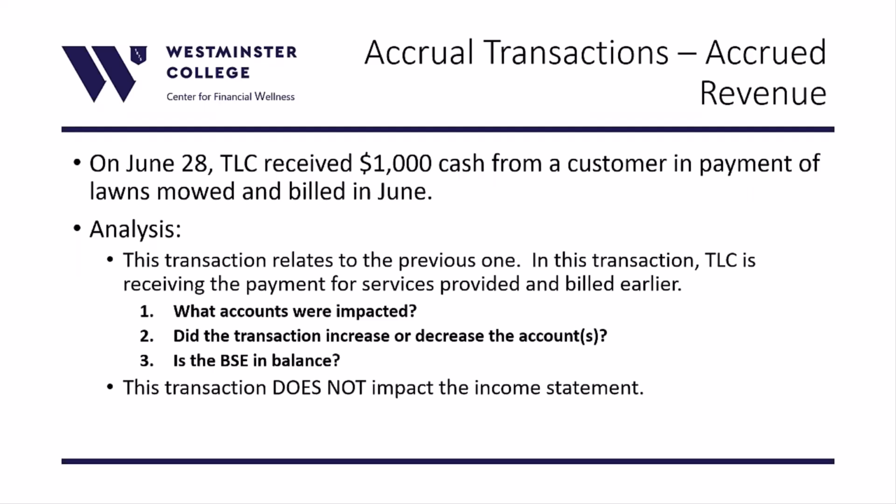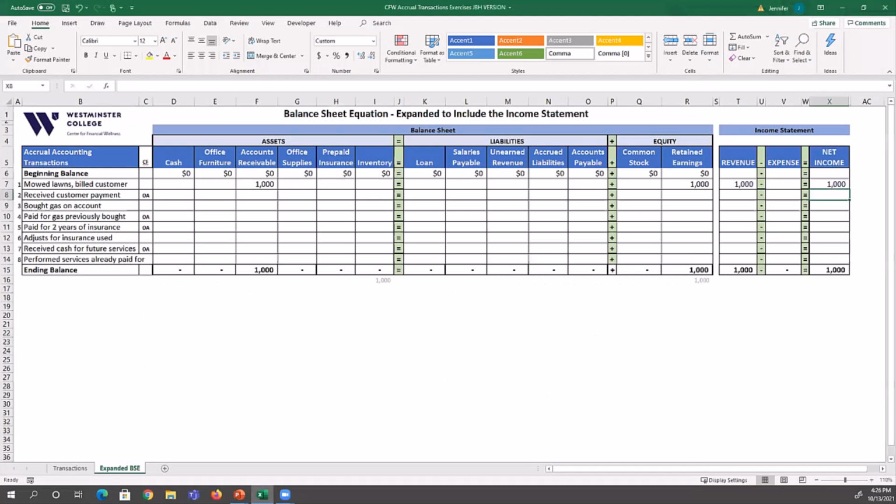Looking at our balance sheet equation, cash is going to be our asset that's increased this time, right? But it's not because they earned it today. Instead, TLC is just receiving the cash in place of the other asset, which was AR.